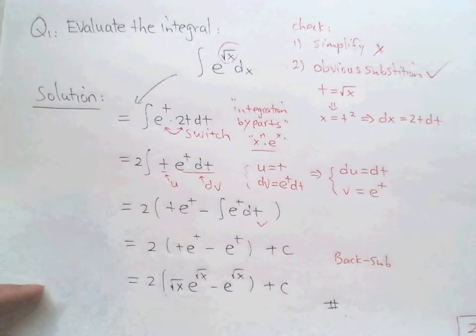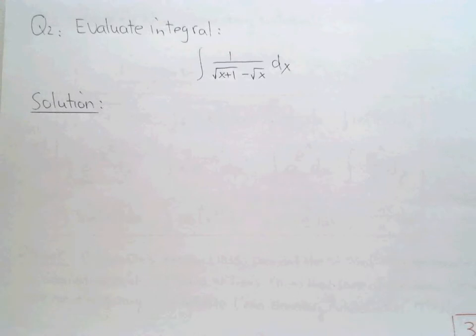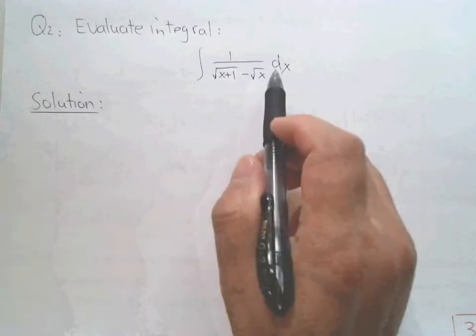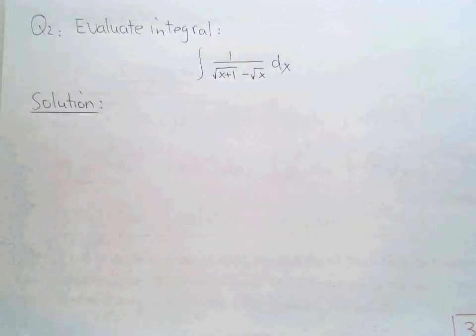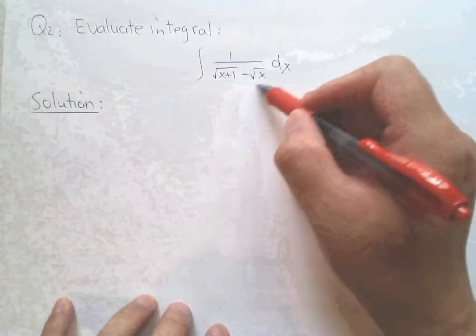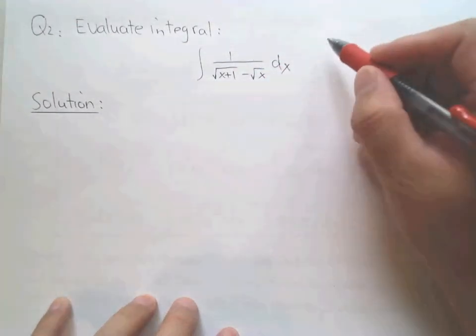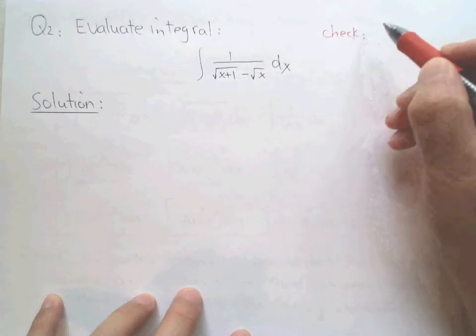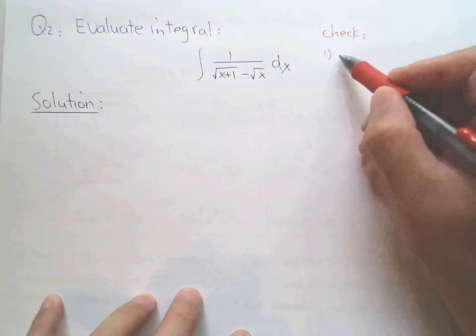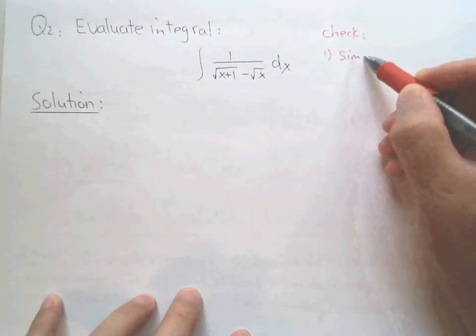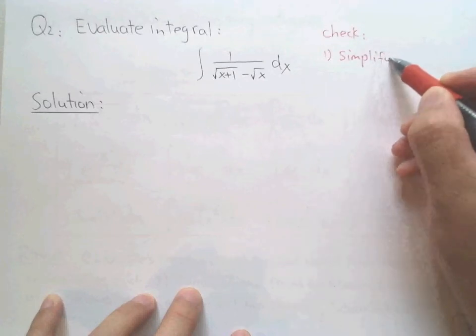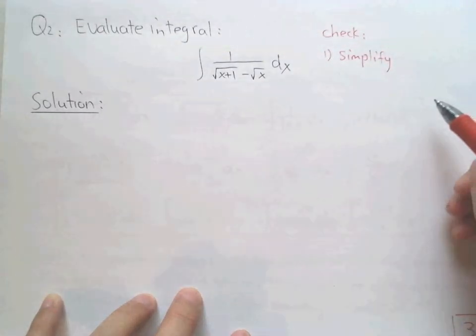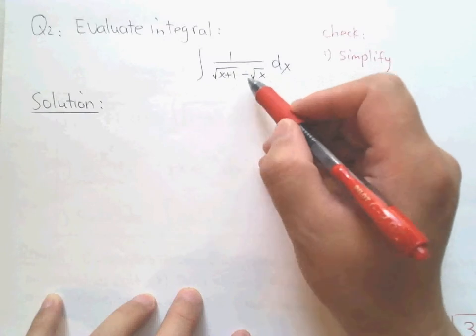Let me show you one more example here. Can we see? So the same. Okay, so this integrand looks complicated. I was still going to check the first step: can we simplify the integral? This looks complicated. Probably we can.